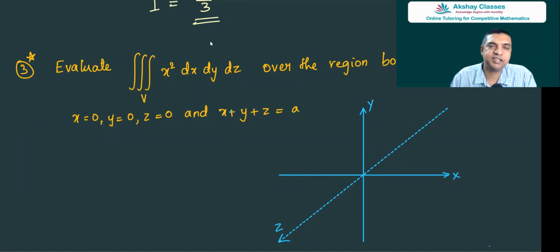And x plus y plus z equal to a. So when y and z are equal to 0, x will be equal to a. So this is a point that lies on the plane, a comma 0 comma 0. This lies on the plane. Then when x and z are zero, then the y value will be a.